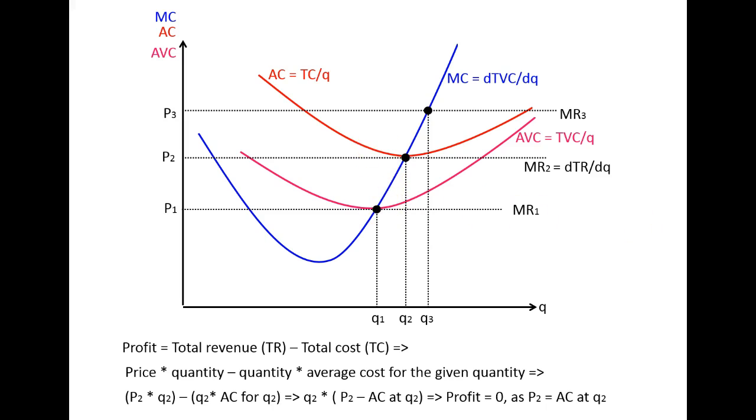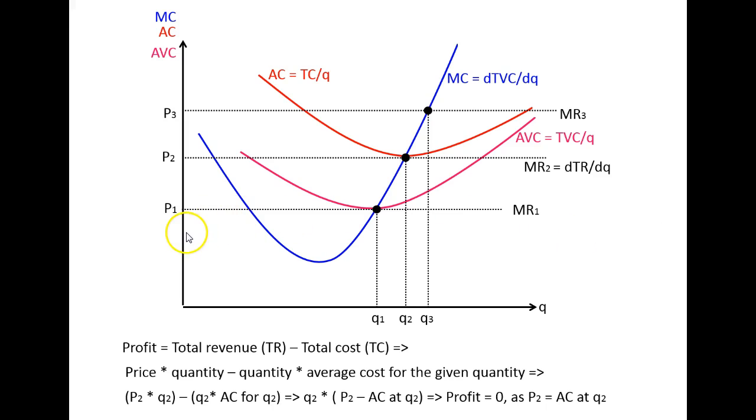So we will have a loss. And the vertical difference between the average cost curve and the average variable cost curve at Q1 is identical to the average fixed cost for Q1 units. That indicates that the loss, the negative profit that this company will achieve, is equal to the fixed costs.